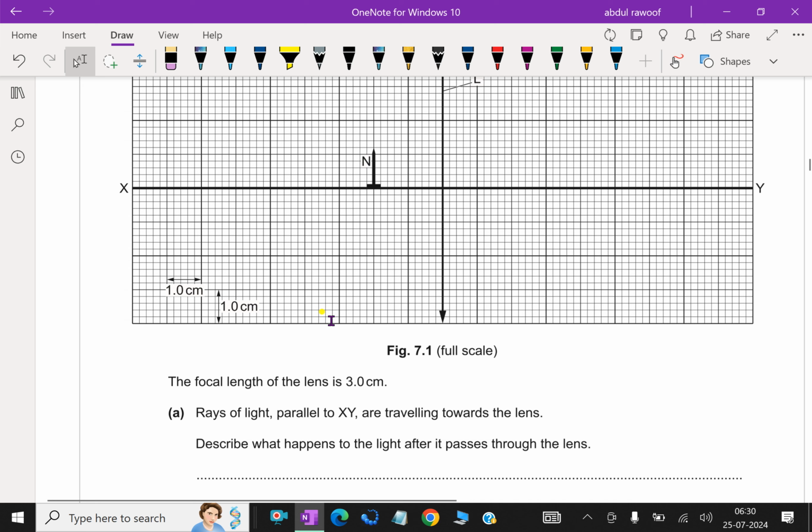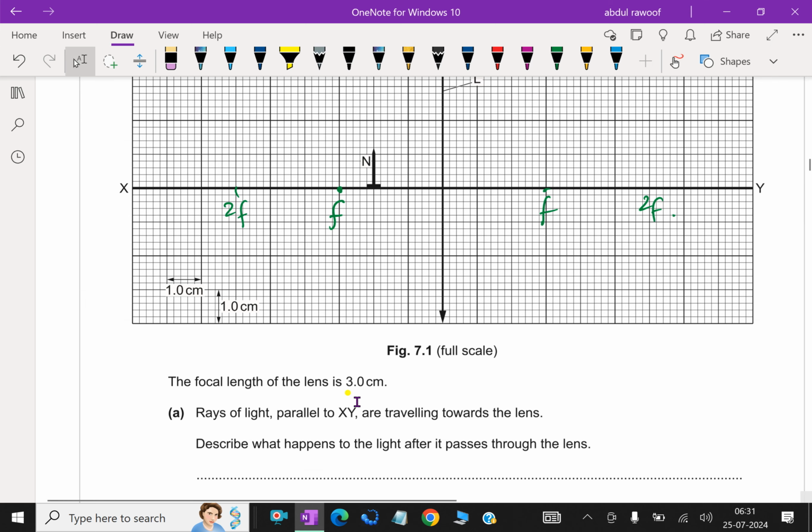The focal length of the lens is 3 centimeters. This is the focal length. This is F, and this is 12. Here also, F is 12.